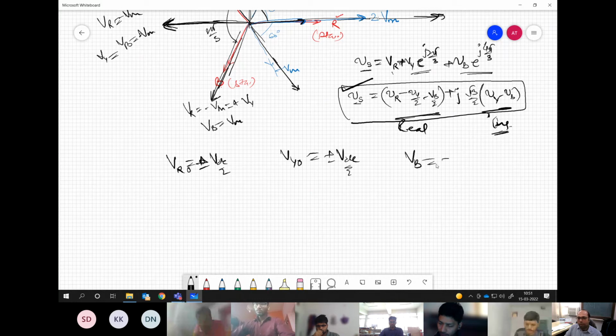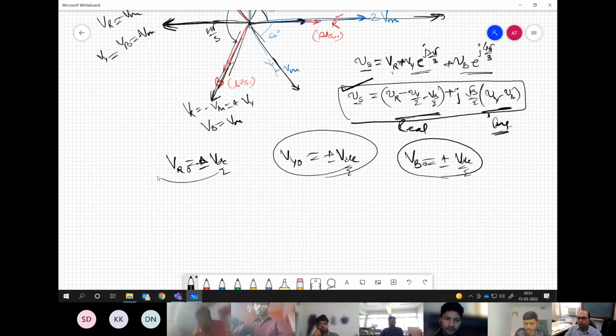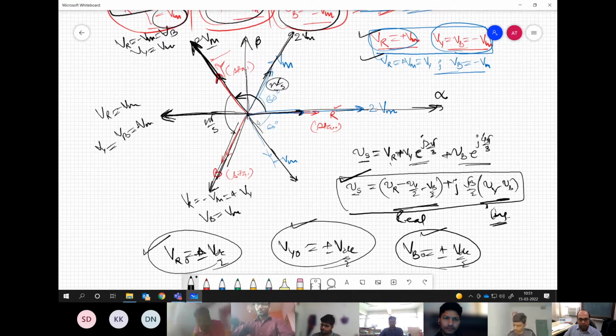VBO could be only plus or minus VDC by 2. So when we apply these voltages in the system, the voltage vector changes based on what voltage you have applied over here. You understand my point?